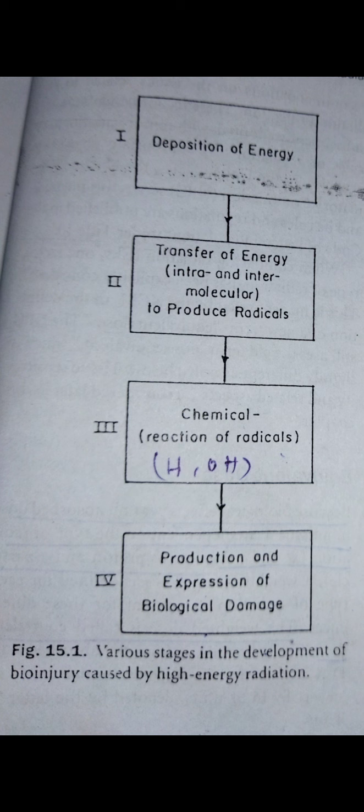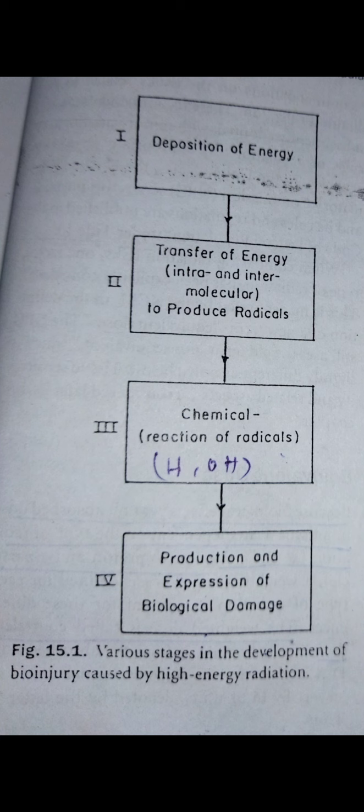The duration of this second step will be from 10 to the power minus 12 to 10 to the power minus 3 seconds. The energy transfer can be either to the neighboring molecules or to the molecule itself, that means intermolecular or intramolecular, to form various short-lived and chemically active species which are called free radicals.